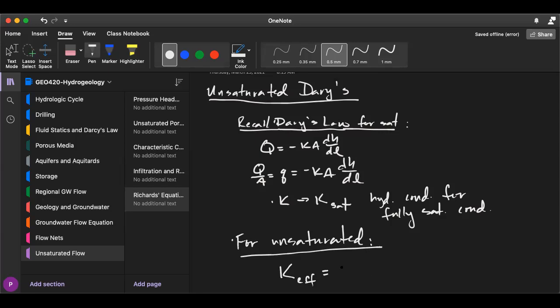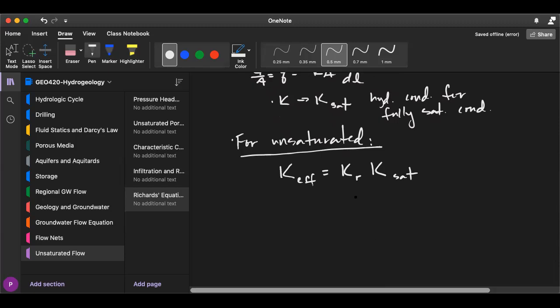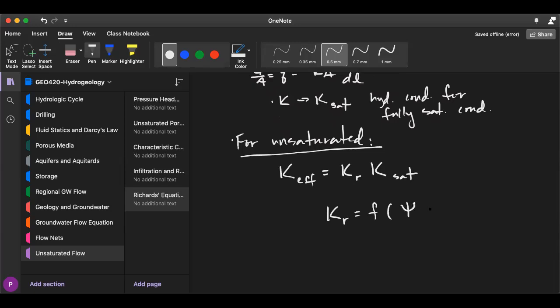And that was given by the relative hydraulic conductivity times K sat. And you guys just went through all kinds of blood, sweat, and tears to figure out that this K sub R is a function of the pressure head, right?